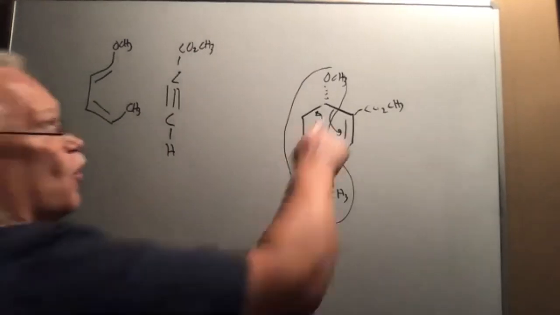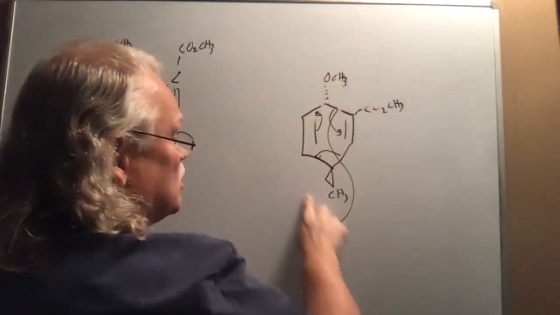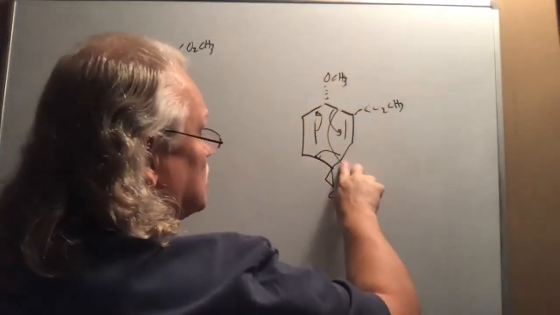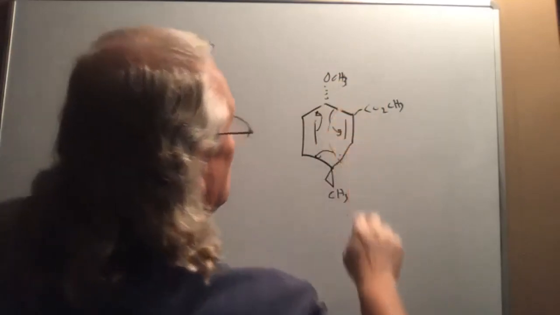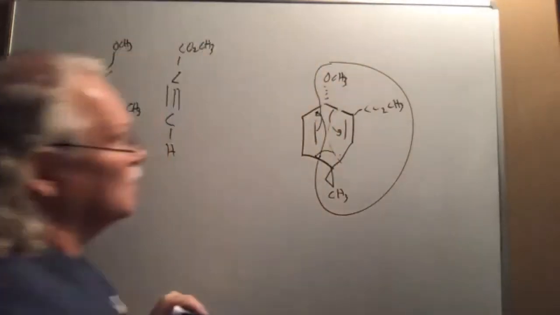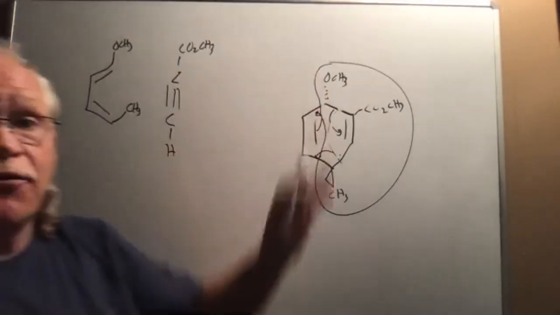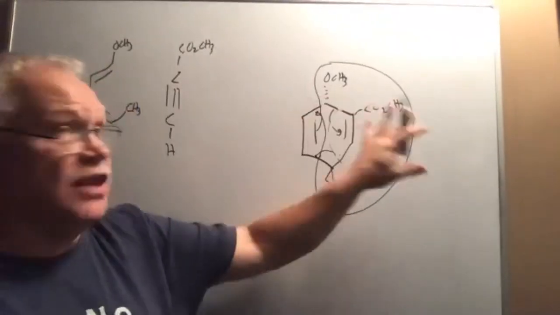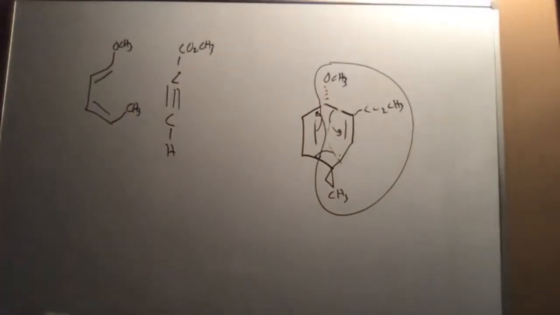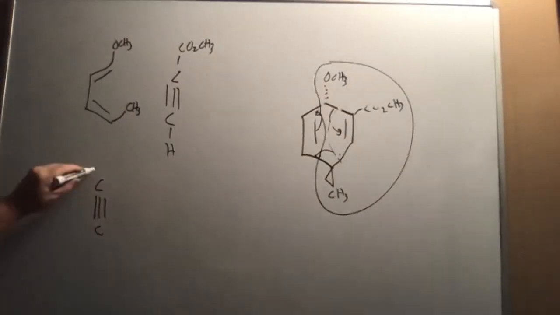My other choice, though, and you have to go through both of these choices whenever you have 2 double bonds in the product, was to make these 4 my diene. And just because I've always written them from left to right doesn't mean I couldn't have turned this product around. Now notice what that gives me. Now I have this.